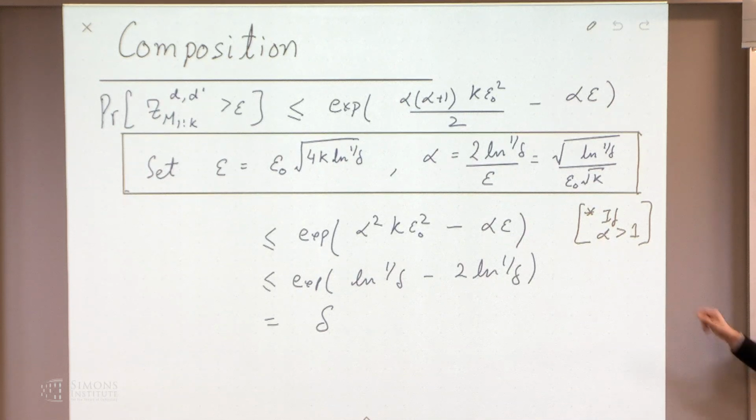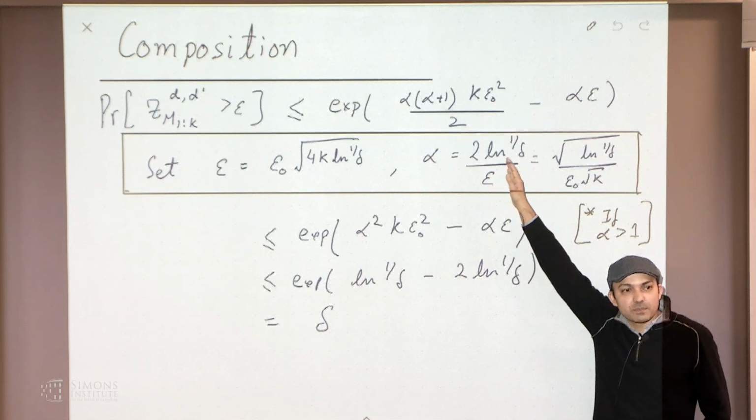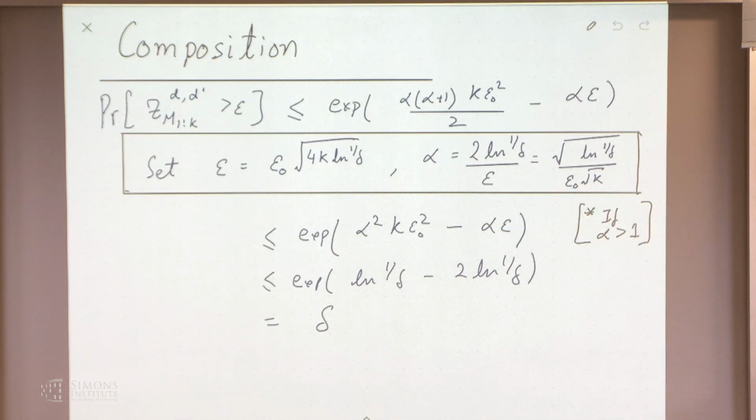I'm making an assumption here, similar to the previous case. I have alpha plus 1. So to keep things simpler, I'll assume alpha bigger than 1. But the whole math can be done without making that assumption.